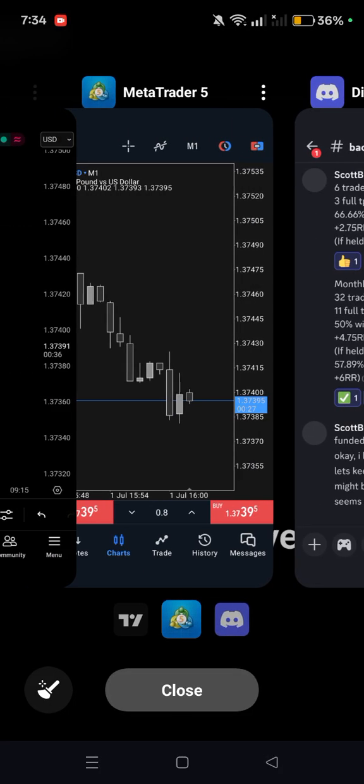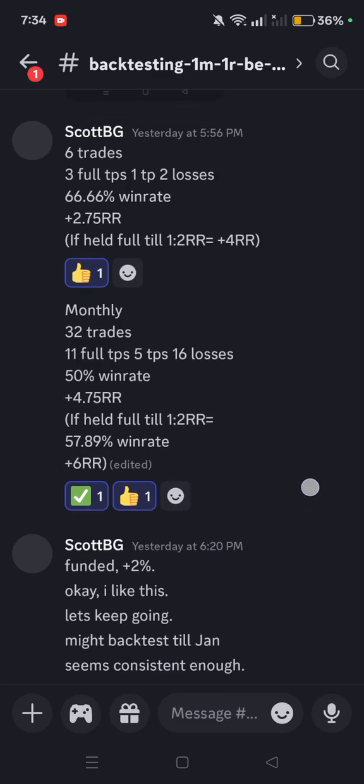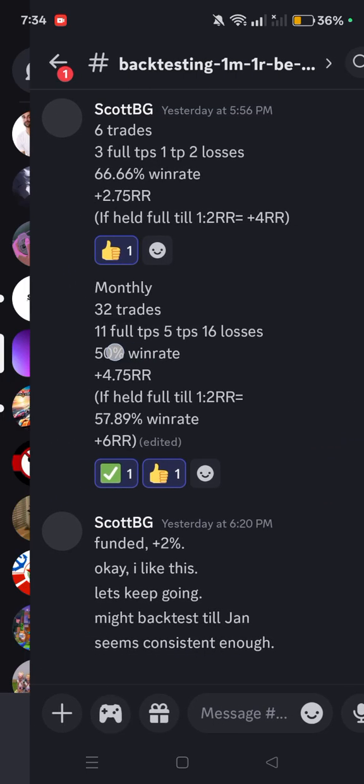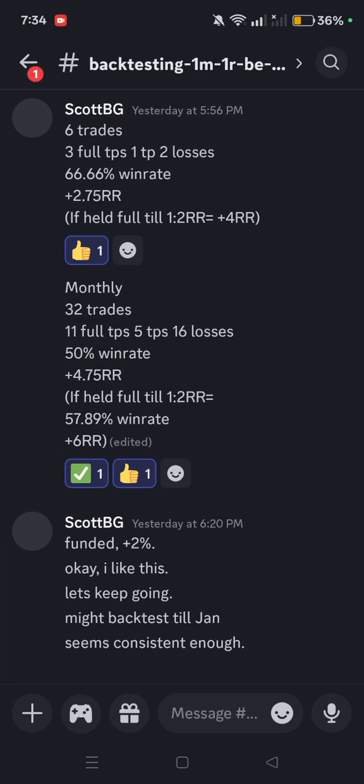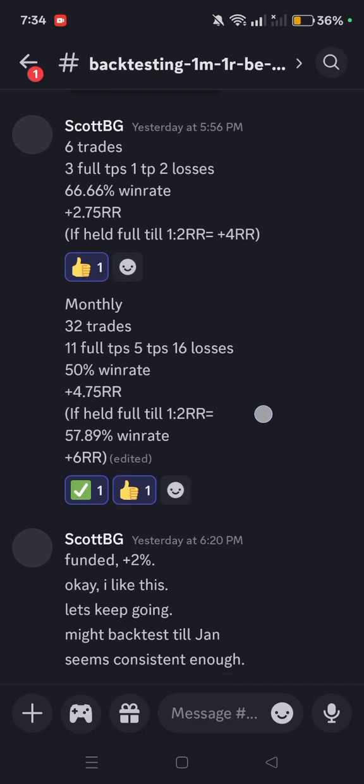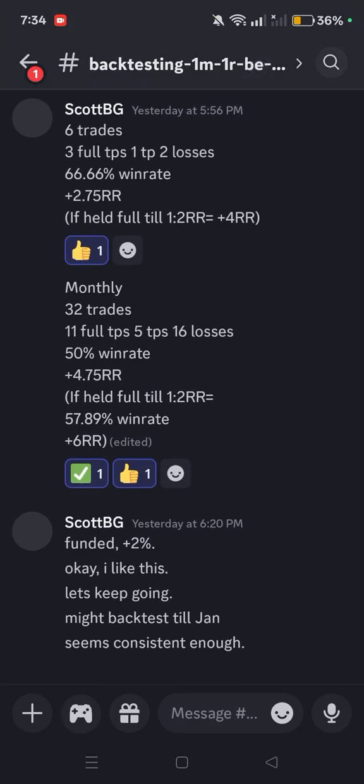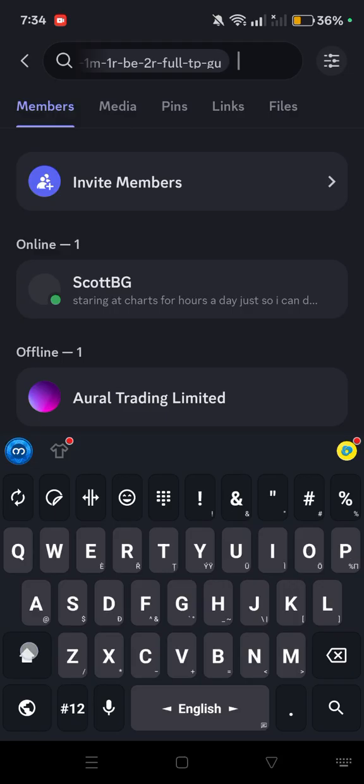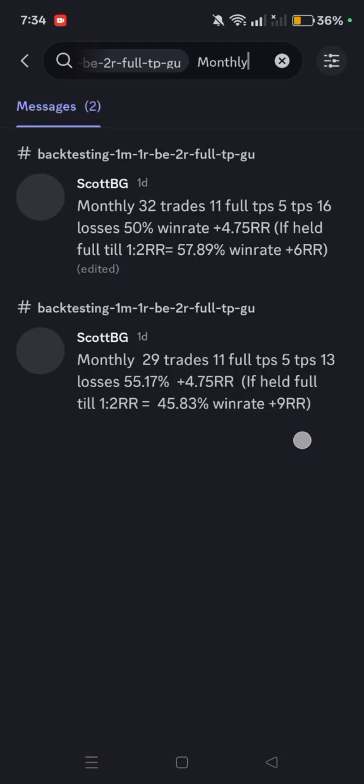It's pretty simple, and it's had a pretty good win rate. It looks pretty good, honestly. This is just two samples, but I can show on the monthly. There's 2 months worth of back testing. Both of these had pretty much 55%, 50% win rates.